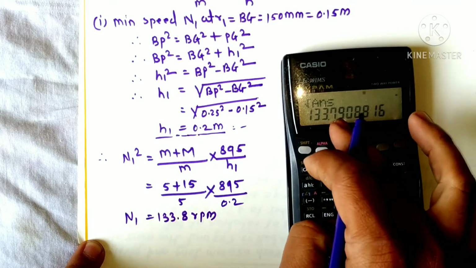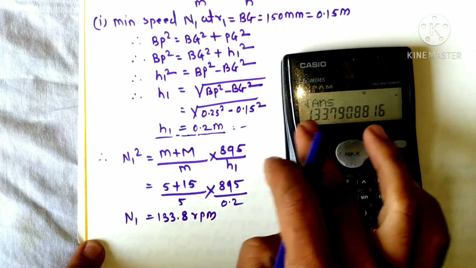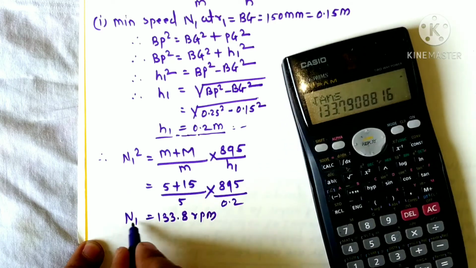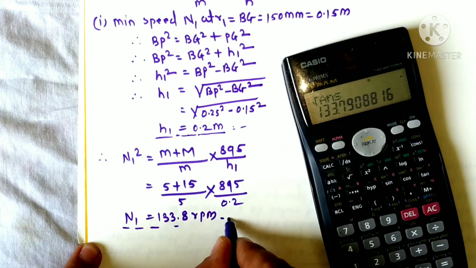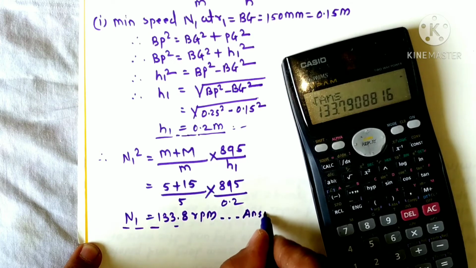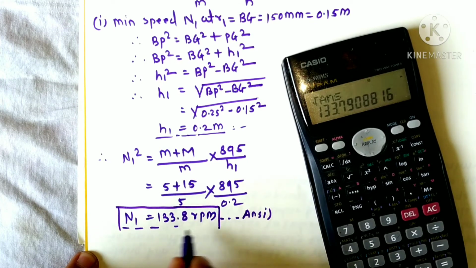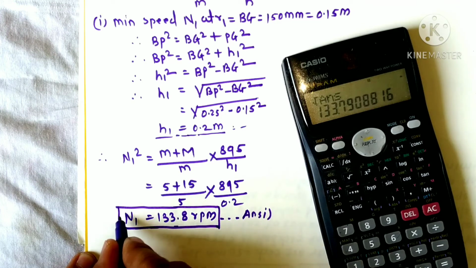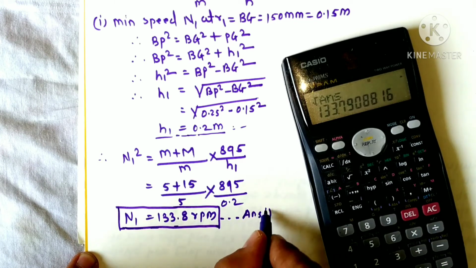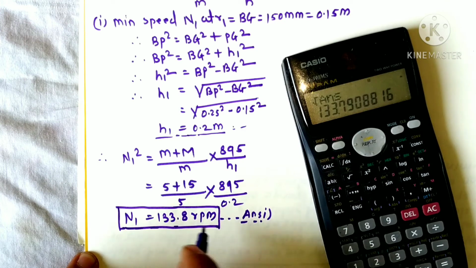It is 133.79, so we have to round off to 133.8 RPM. So this is the answer of the first. After getting the answer, don't forget to put a bracket around your answer for the checker, so your answer will be easily checked.